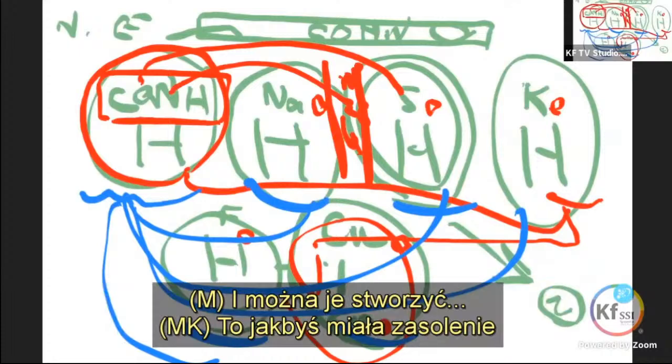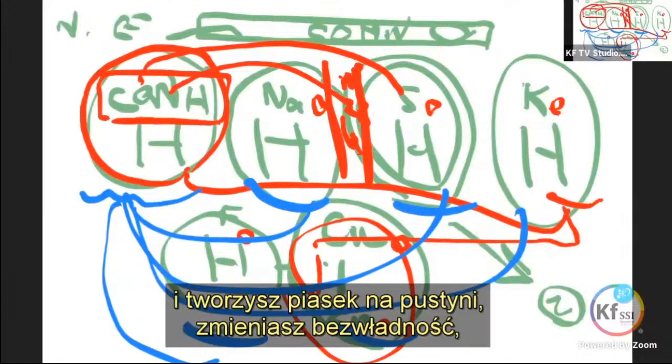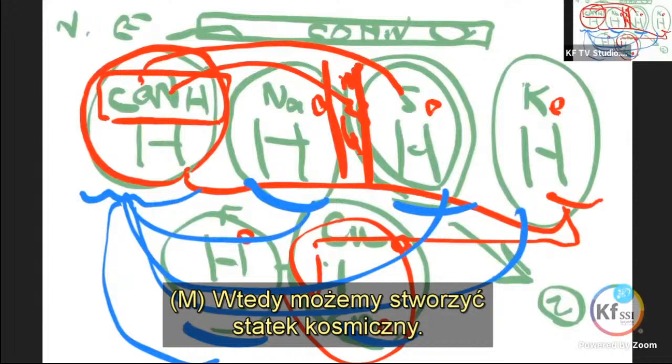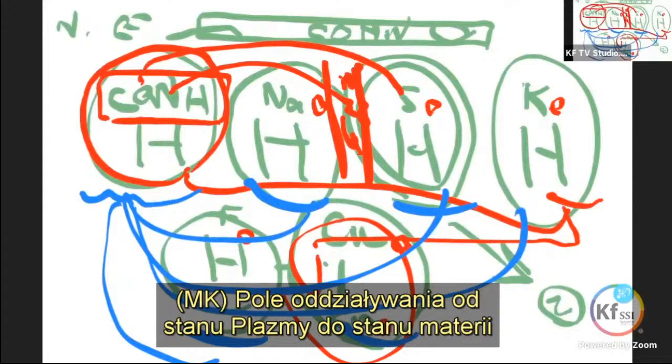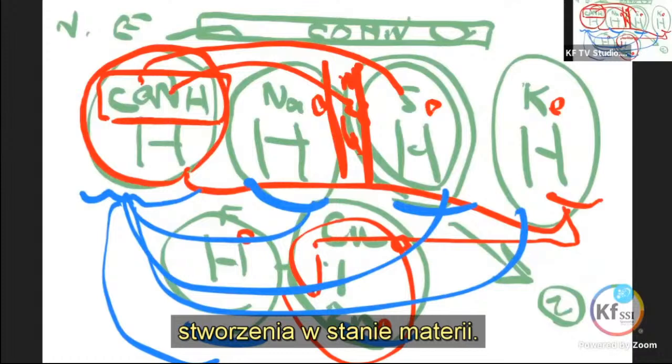And we can create, like you have a salinity and field strength, which we call the inertia, and you create the sand in the desert, you change the inertia, you become the gold in the mine. And in a way, we can create the spaceship. The field of interaction from the plasma state to the matter state, what we call inertia, is the true understanding of the essence of the creation in the matter state.